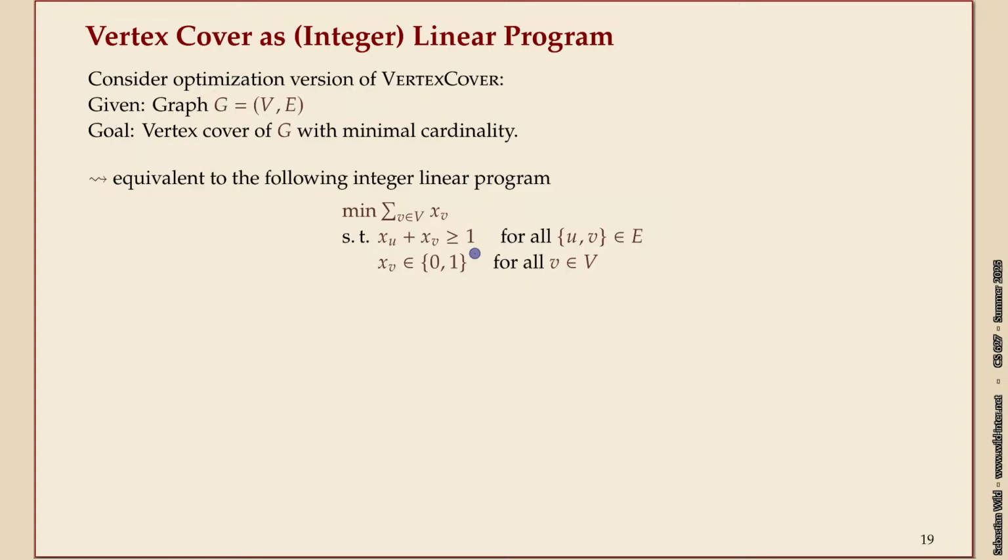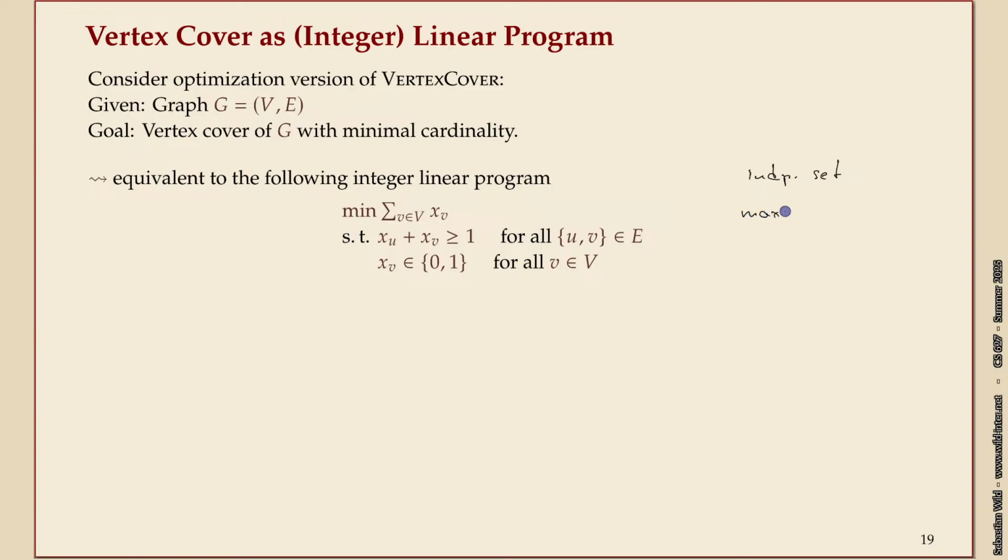I guess the formulation as an integer linear program, again, makes even more explicit why vertex cover and independent set are so closely related. You almost see it immediately that they're kind of opposites of each other. Remember, independent set was the same structure.